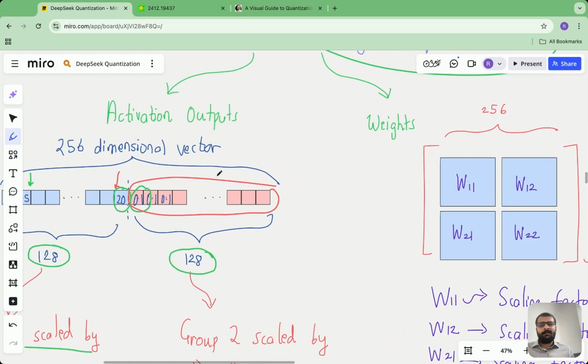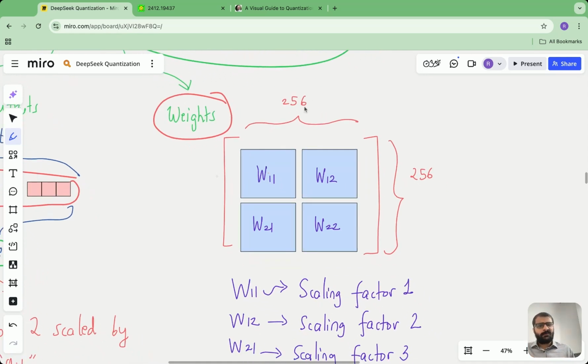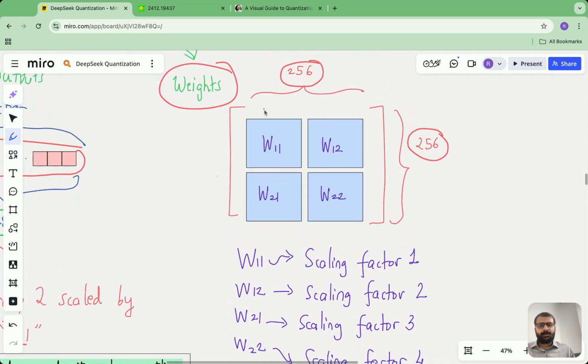Now we also have weight matrices, right? Several operations in the entire transformer architecture have weights, such as trainable weight matrices for queries, keys, values, etc. So many weight matrices are there. If we have a weight matrix which is 256 by 256, we'll divide it into chunks of 128 by 128.